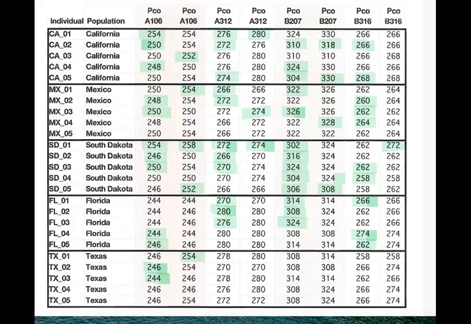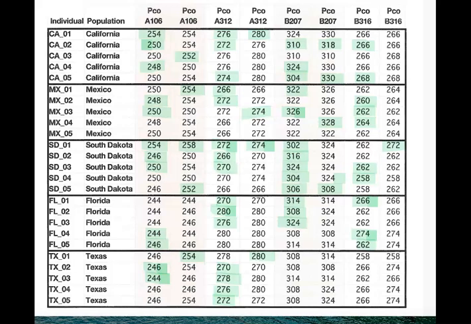In gene 312, we've got 272, 276, 278, 270, and 280. So that's 270, 278, 276, 272, and 280.